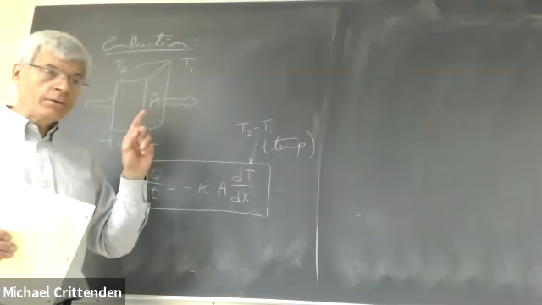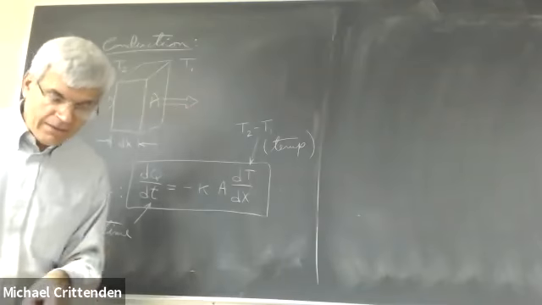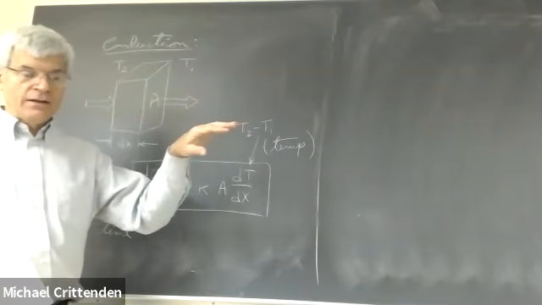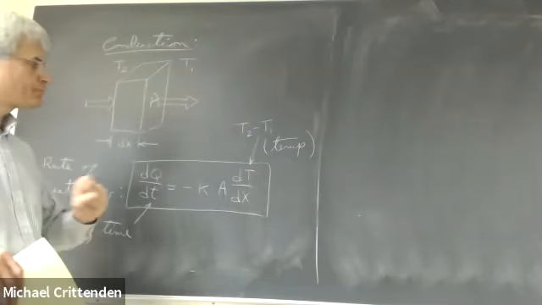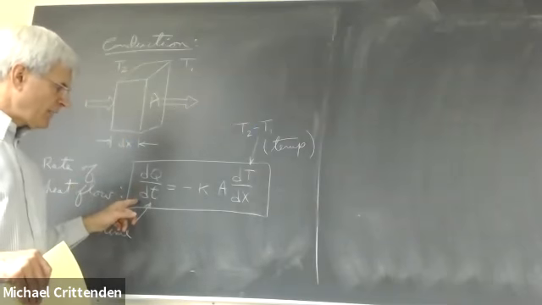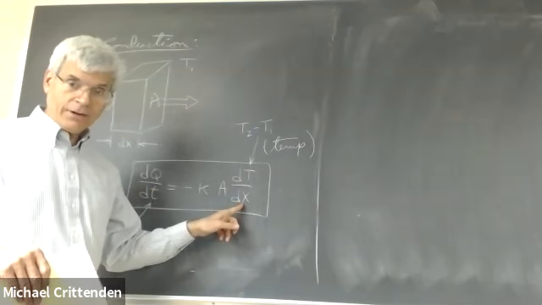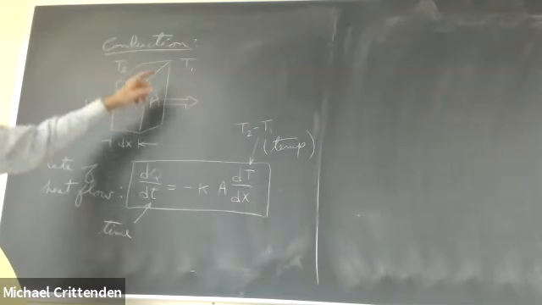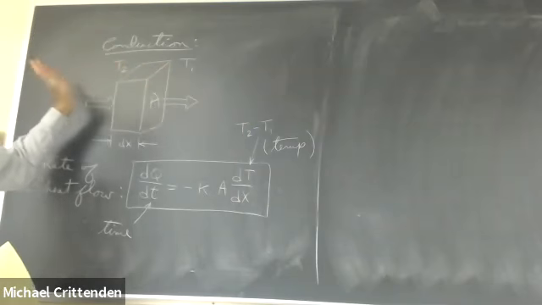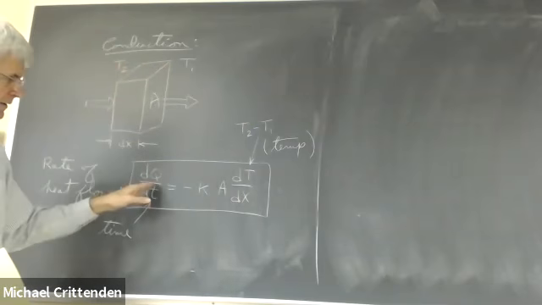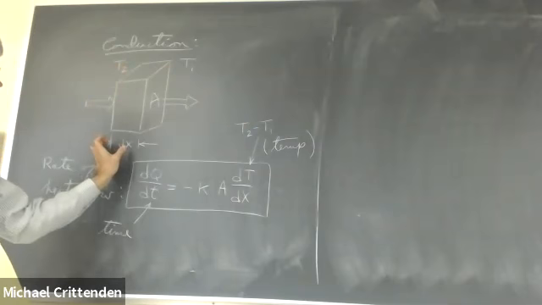And just as water will flow faster down a steep hill than it does down one that's not very steep, heat will flow faster down a steep temperature gradient, okay? So a bigger difference in temperature, all else being equal, that'll make the heat flow faster.